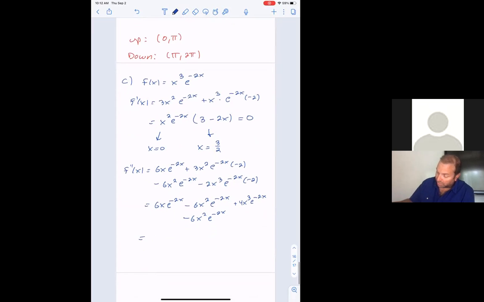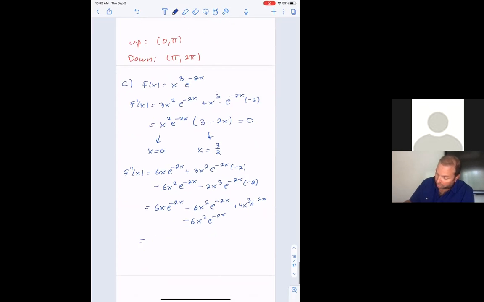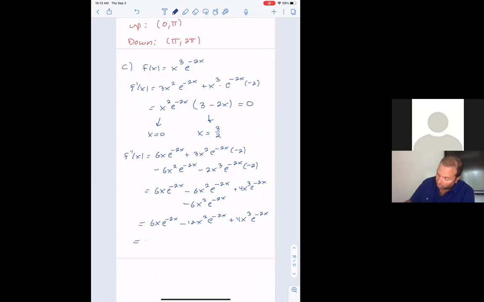This gives me, after factoring out, well, let's do one step at a time, 6x e to the negative 2x minus 12x squared e to the negative 2x plus 4x cubed e to the negative 2x. I can then write this as 2x e to the negative 2x times 3 minus 6x plus 2x squared.